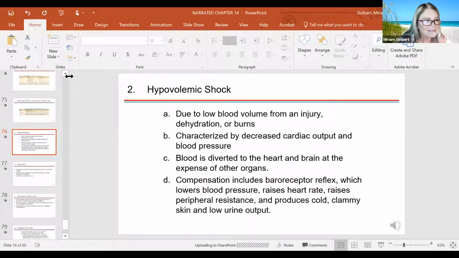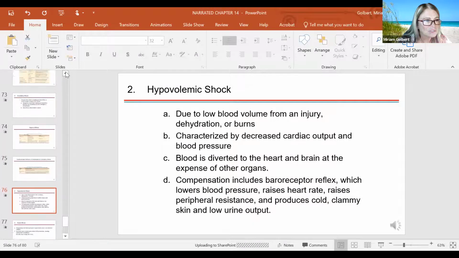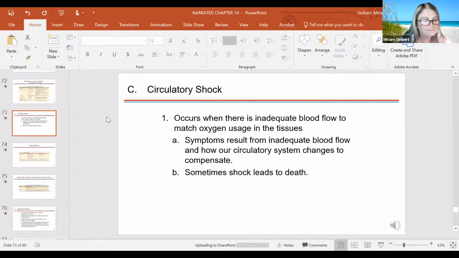So we have what is called shock. There are different types of shock, but I'm sure you've heard in medical shows that the patient is going into shock, right? Shock means you're not giving enough blood flow to the tissues, and that means no oxygen to the tissues.